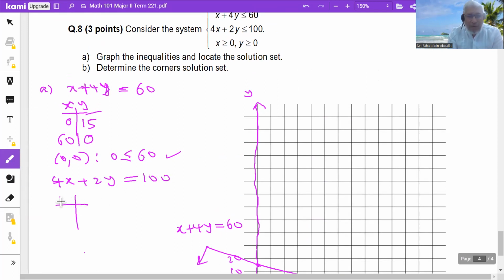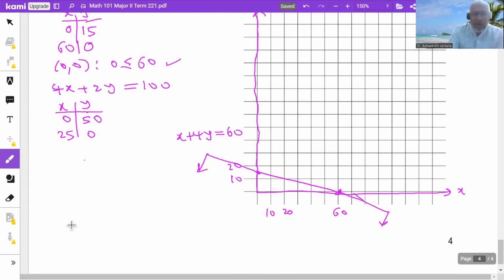I draw the line by choosing x equal to 0, so 2y equals 100, which means y is 50. Then putting y equal to 0, 4x equals 100, which means x is 25. So (0, 50), y is 50, this is the point (0, 50).